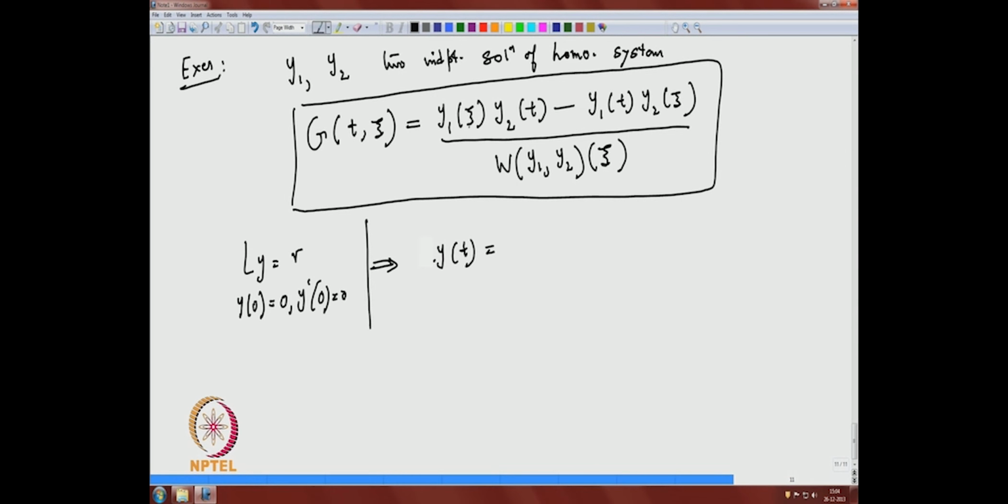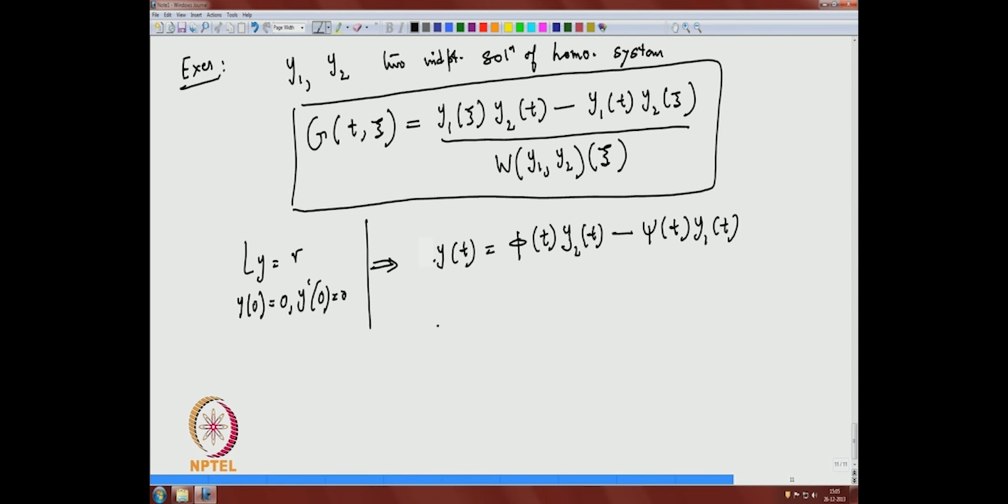You are integrating only with respect to xi here, so y2 will come out. So, you will have phi(t) into y2(t), minus y1 will come out, and the remaining integral will be psi(t) into y1(t).